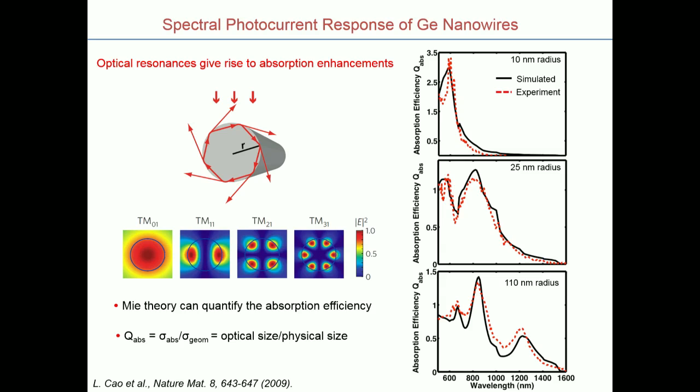And you could look at real simulations of that absorption cross-section, or what I plot here in these graphs, the absorption efficiency, which is the absorption cross-section over the geometrical cross-section.